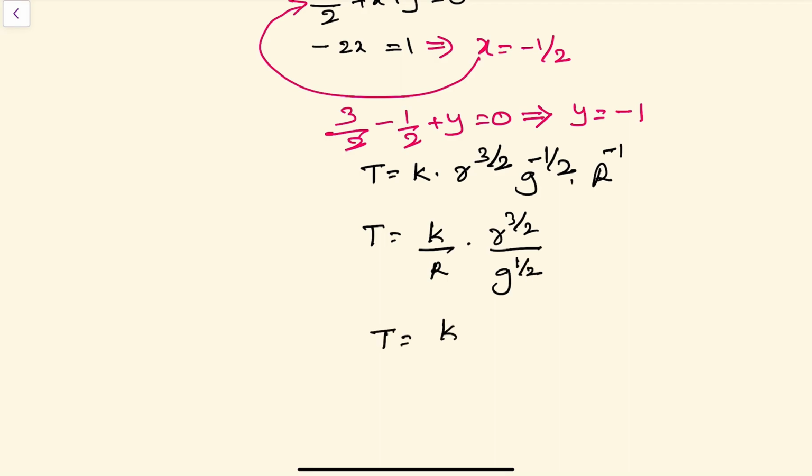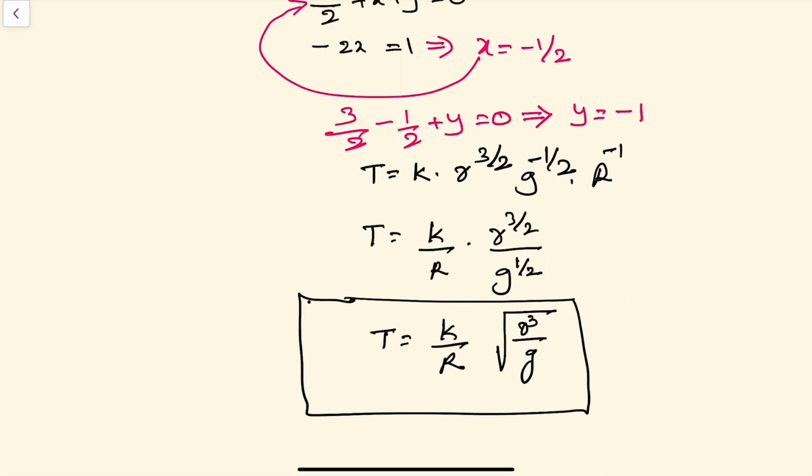So k by r, you write it as R cube by g. This is the answer that we obtained. Okay. Next we shall see other problems.